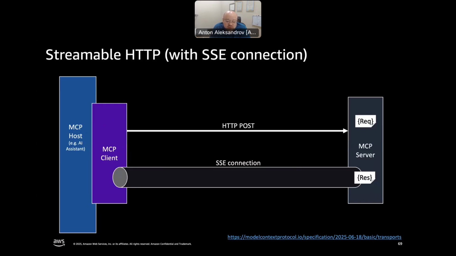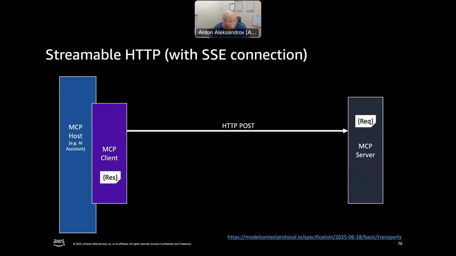SSE stands for Server Sent Events. It's a stateful, rather simple technology that allows servers to send events to clients. That's right, from server to client. It's one direction only, not both ways. And this is a persistent connection. So the server sends a response back to the client and then closes the connection.